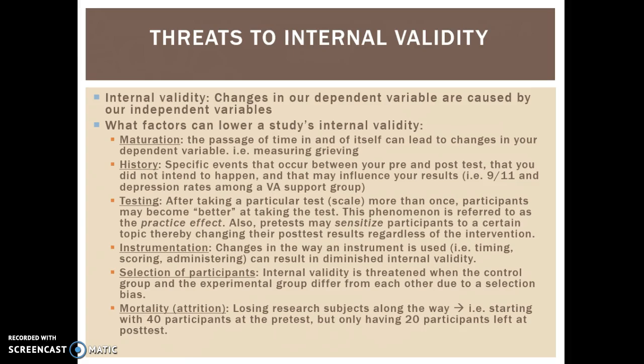So 9/11 may have very well had an impact on depression rates, and that then would have had an impact on that particular study. So it would really threaten your internal validity in your study. Again, as long as you have a control group in place, you can statistically account for those types of historical events.